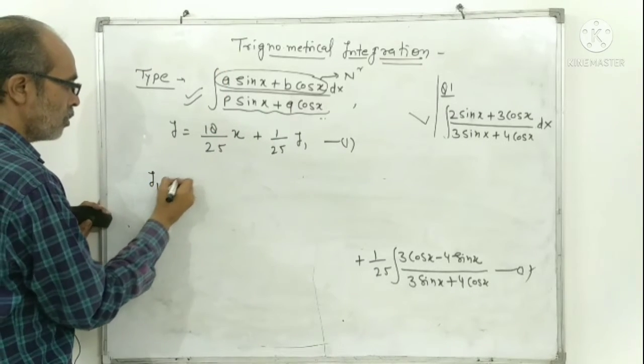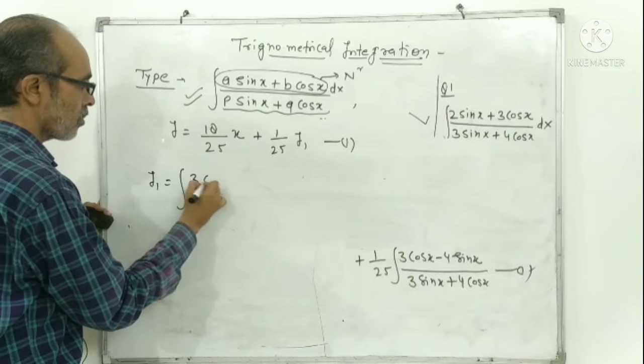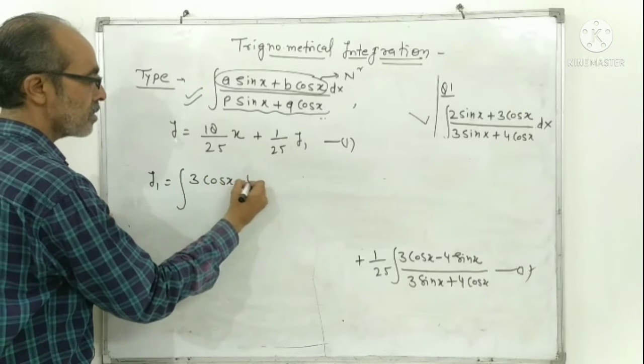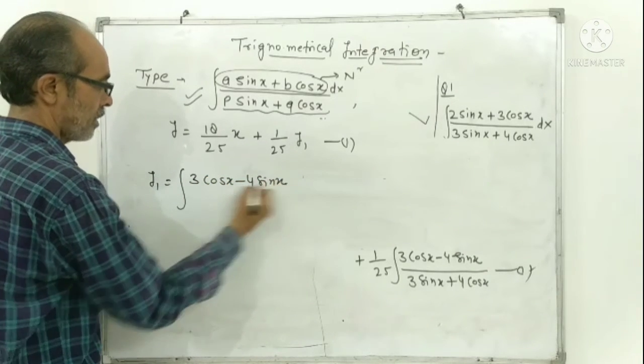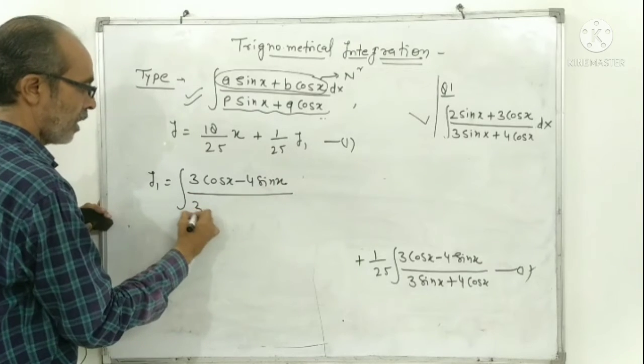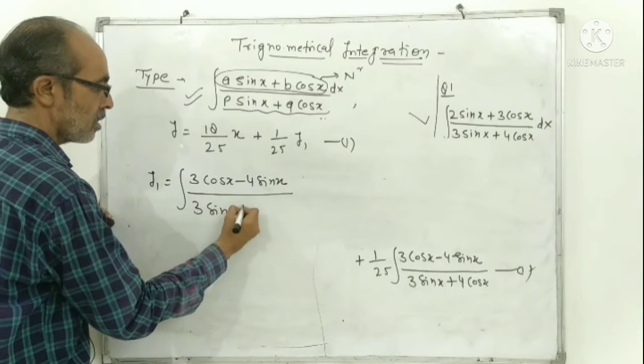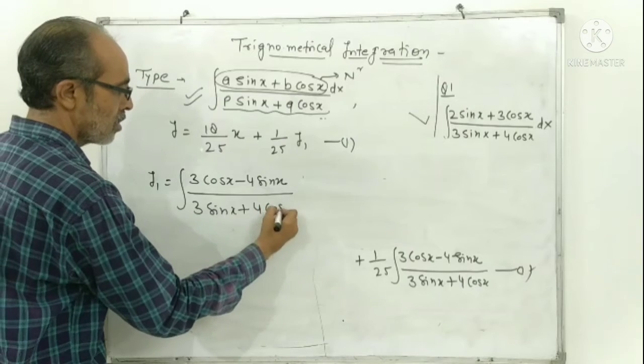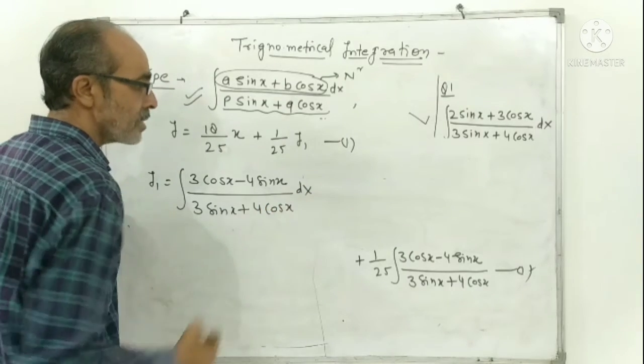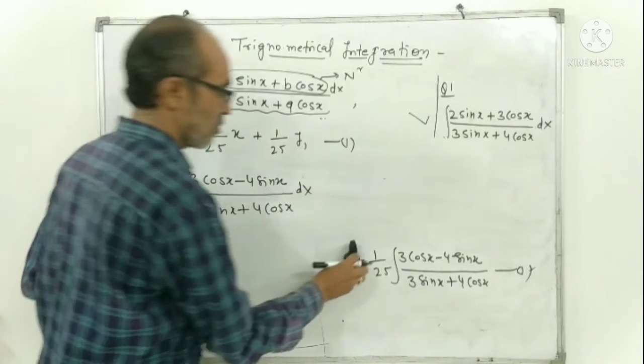I1 is equal to the integration of 3 cos x minus 4 sin x divided by 3 sin x plus 4 cos x dx.